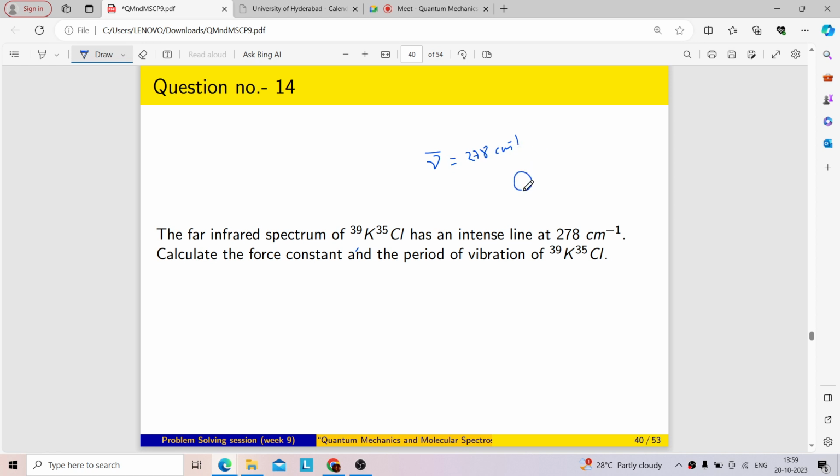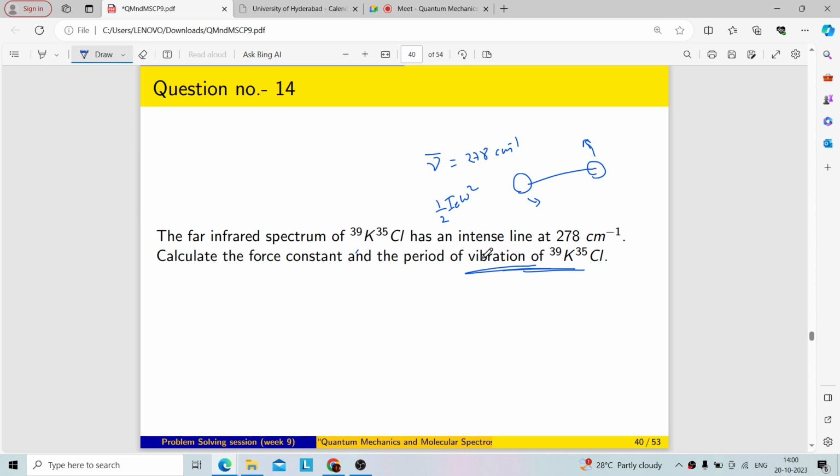Now if we consider this system to be a rigid rotor, then it will have energy half I_e omega square, right? Now it has some vibrational energy, so we can approximate it to be nearly simple harmonic motion.